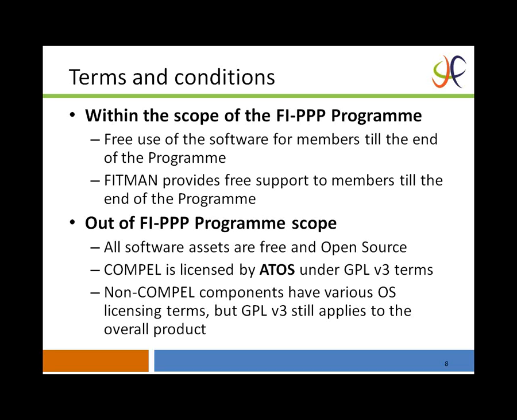This is the reason why the GPL applies to the overall product, even if inside we have several different open source components with different licensing terms, like, for example, Apache or something like that.